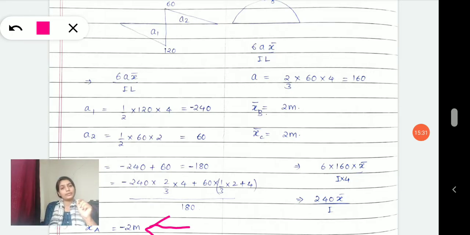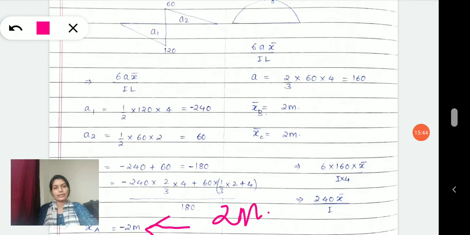Now you can write it negative 2 meter, but distance will not be in a negative sign. Though it comes out negative, you should remember that distance cannot be negative. You can write it with a negative sign only if you are considering a coordinate system and your coordinate is placed on the negative axis.